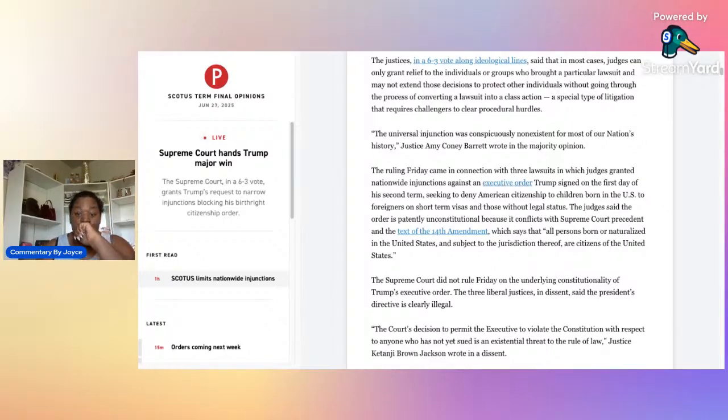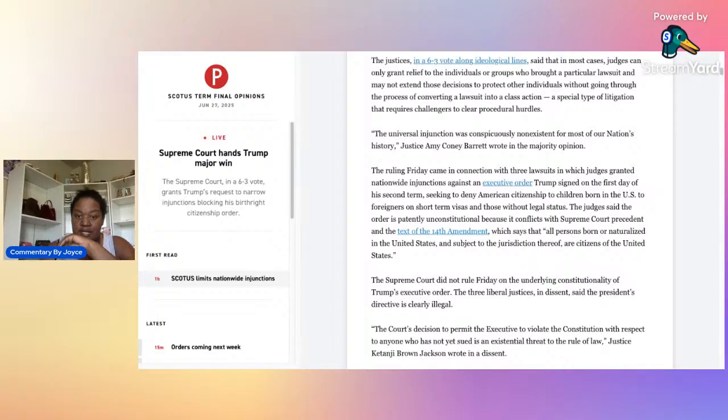I'm going to read that again. Seeking to deny American citizenship to children born in the U.S. to foreigners on short-term visas and those without legal status.